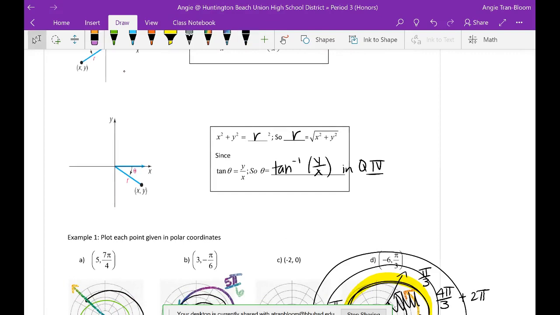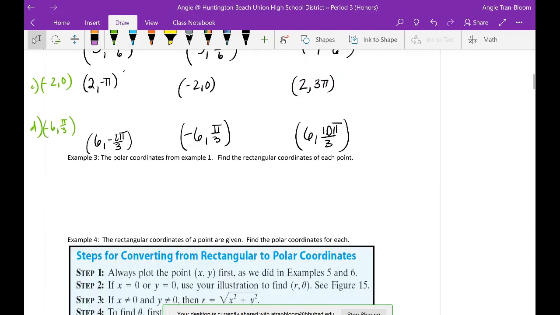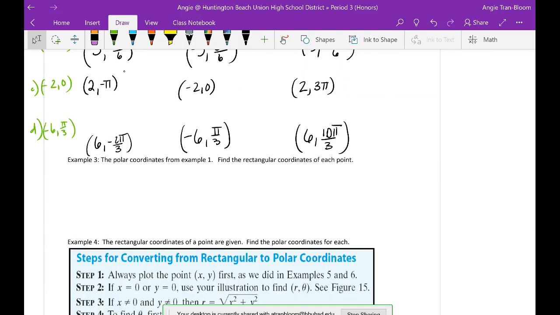All right. Now, let's go solve example 3. Use the polar coordinates from example 1. We're going to use those 4 points again and find the rectangular coordinates of each point. Can you give me the point A from example 1?